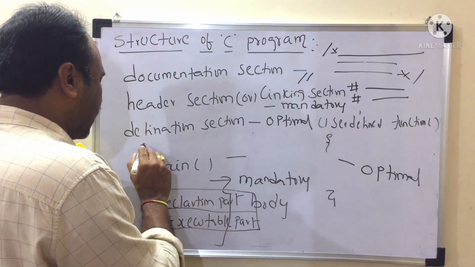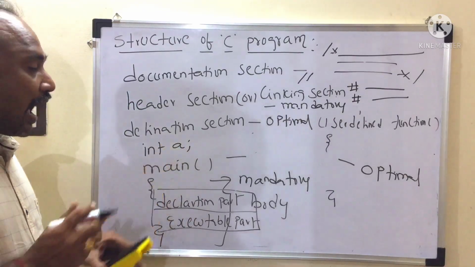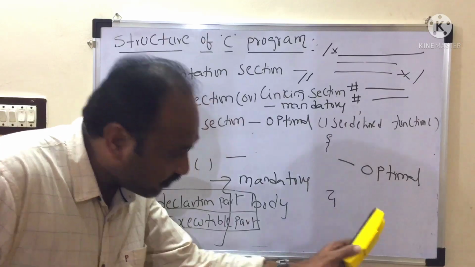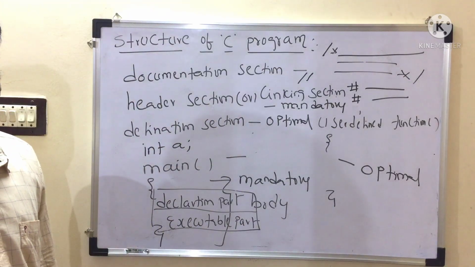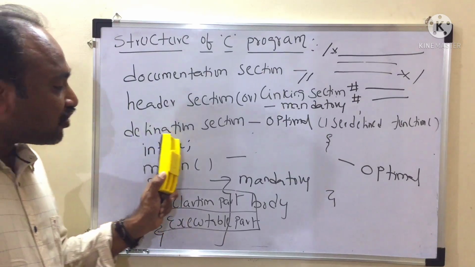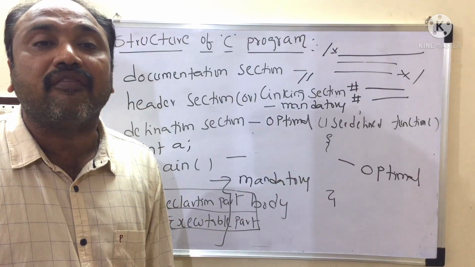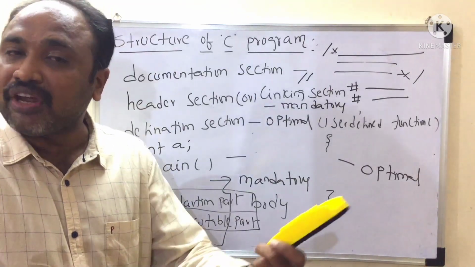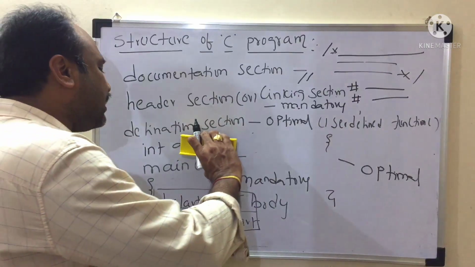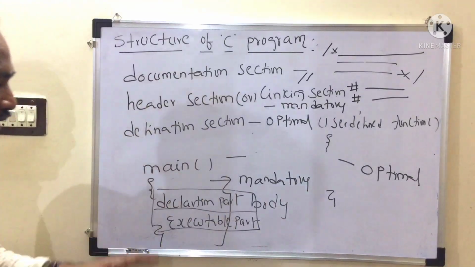This variable, declared before main, is referred to as a global variable. I can use this variable in the main function and in other user defined functions also. The section where we declare global variables is called the global declaration section. For every program, we don't use global variables, hence it is not compulsory. It is optional.